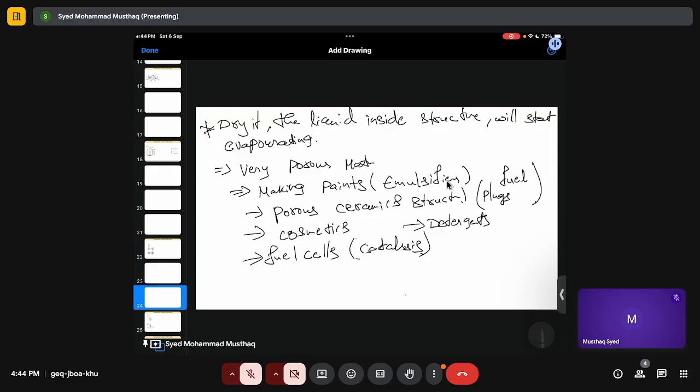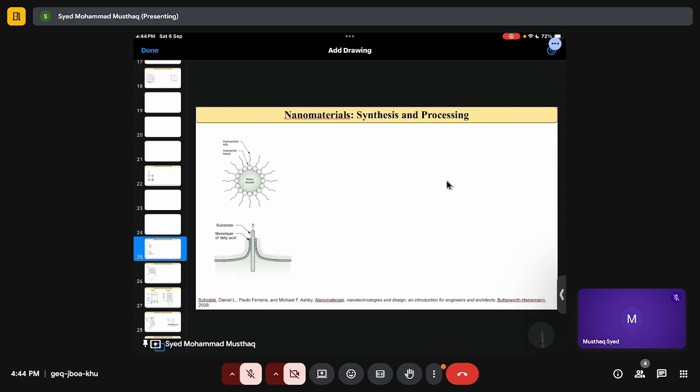Okay, so that is about this. And then coming to, whatever the processes we have discussed, they are used for the production of zero-dimensional nanomaterials. Okay. So now we are moving on to the production of one-dimensional and two-dimensional nanomaterials.